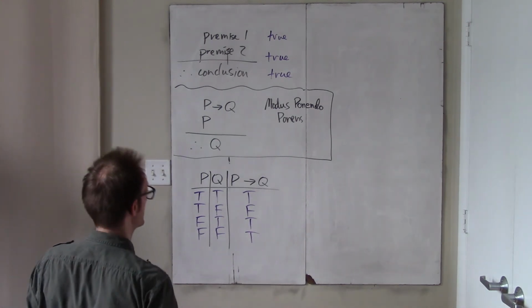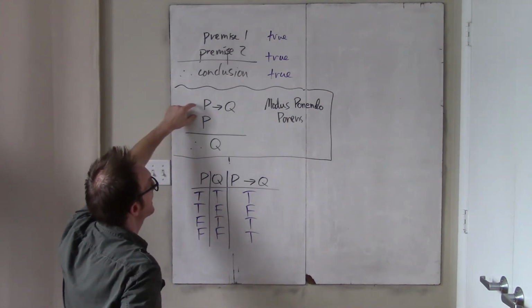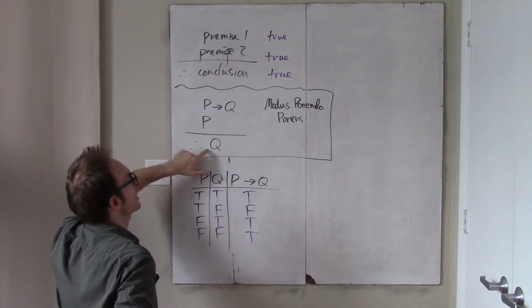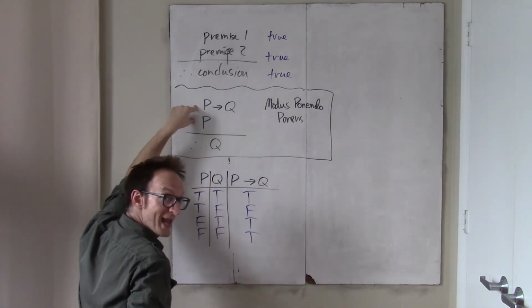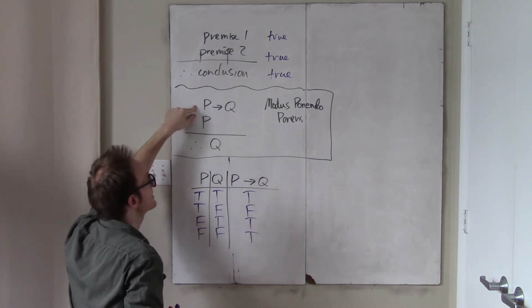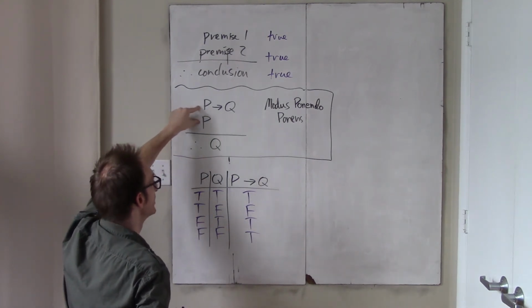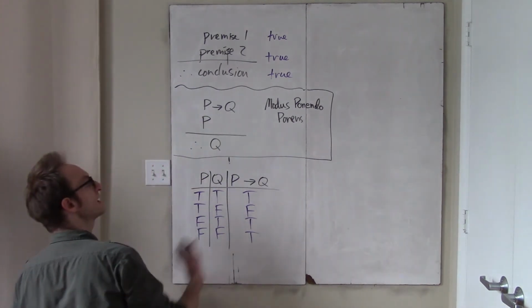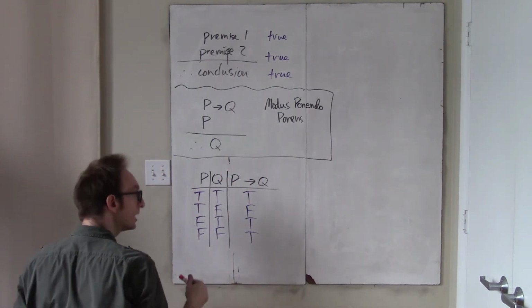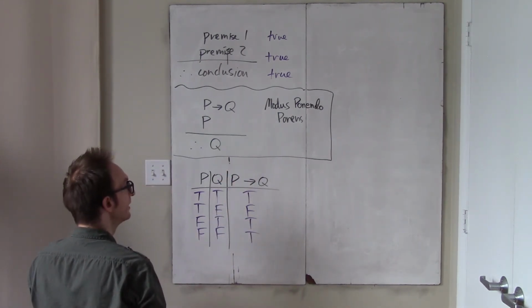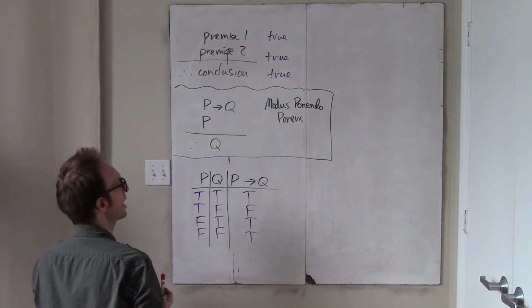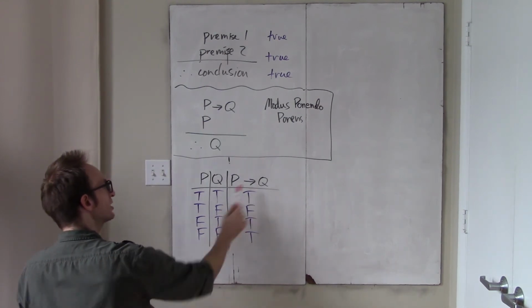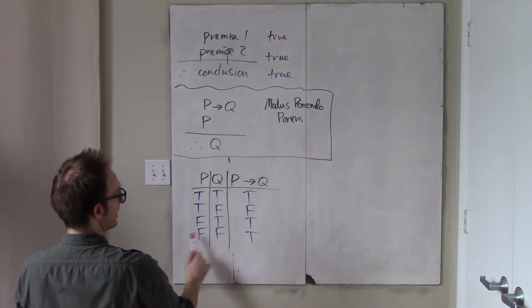Now here's what we're going to do. We need to know: can I trust the conclusion when these premises are true? All we care about are the truth assignments in which these premises are true. So we go to the truth table and look for the rows in which the premises are true. Well, P arrow Q is true almost always.